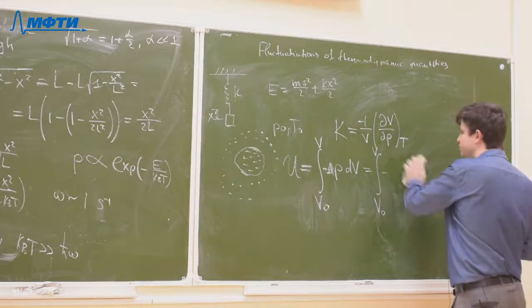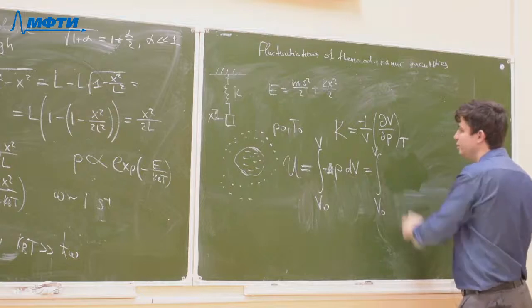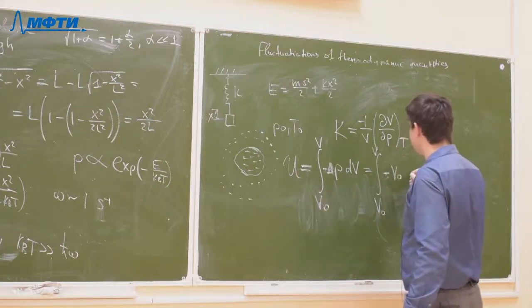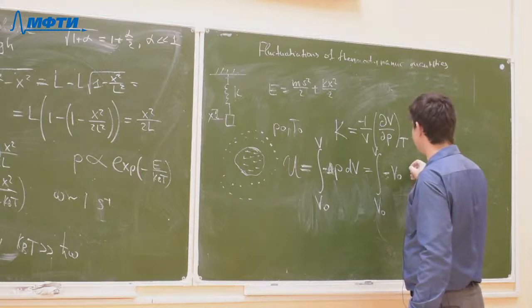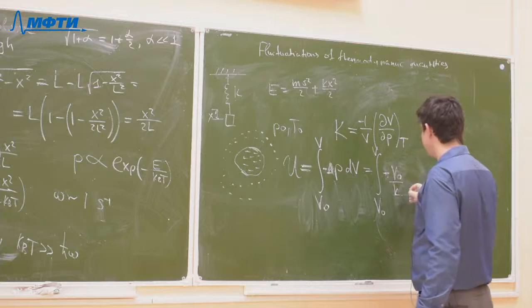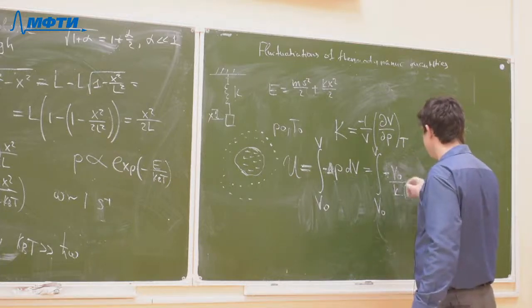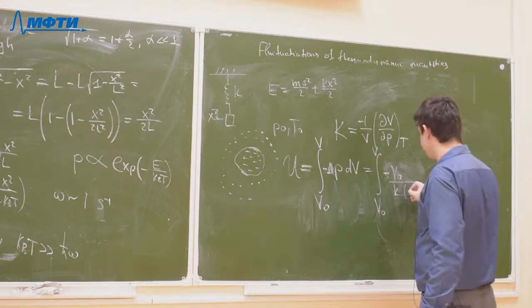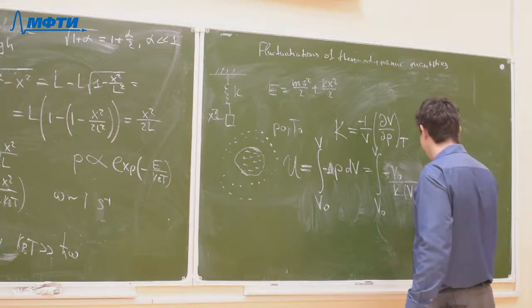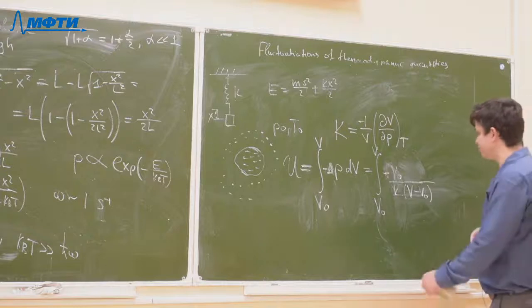So for the dP I write minus V0 divided by K, and divided by V minus V0. So let's look at this expression.